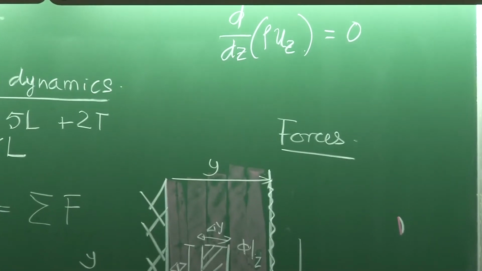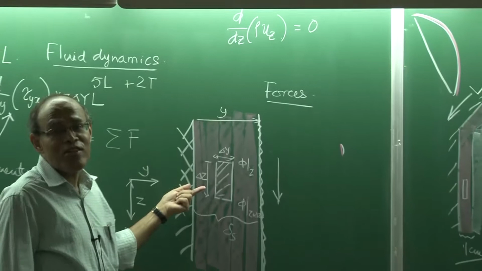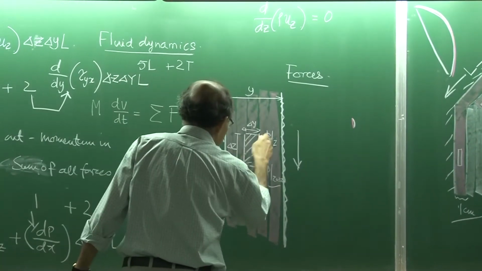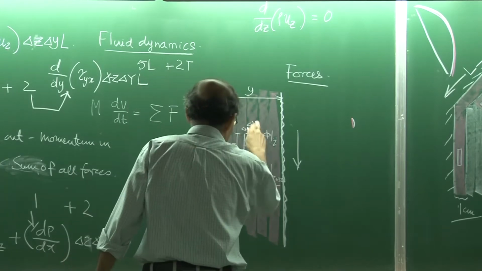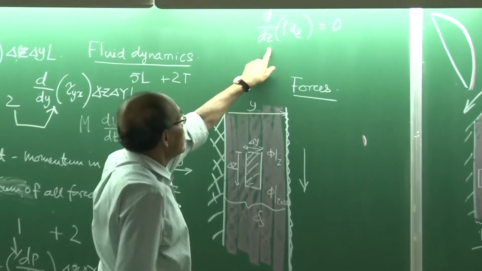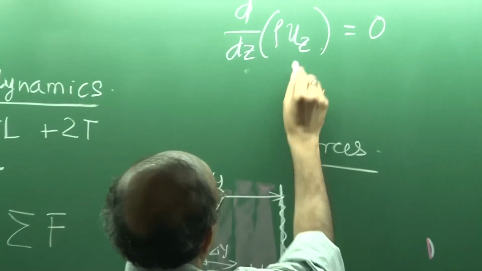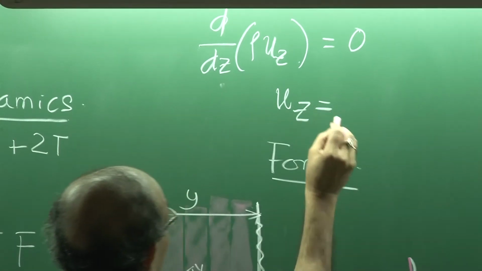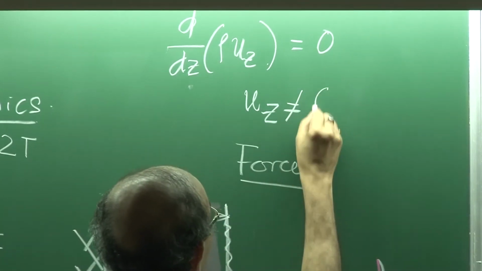There is no second term, because in this direction no mass could flow, because there is no velocity here. The momentum is flowing, but the mass is really not. So in this particular case, the moment we see this, we find out that there is uz, which is not a function of z.